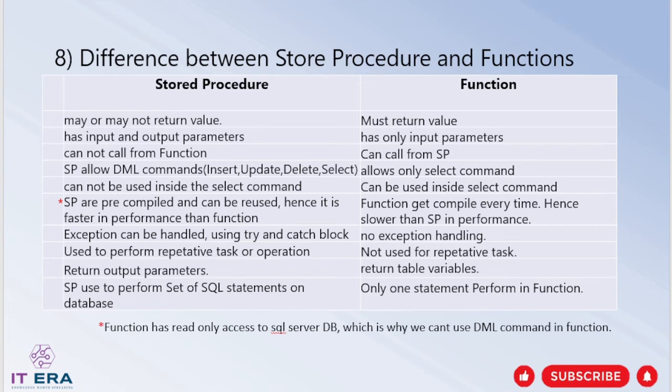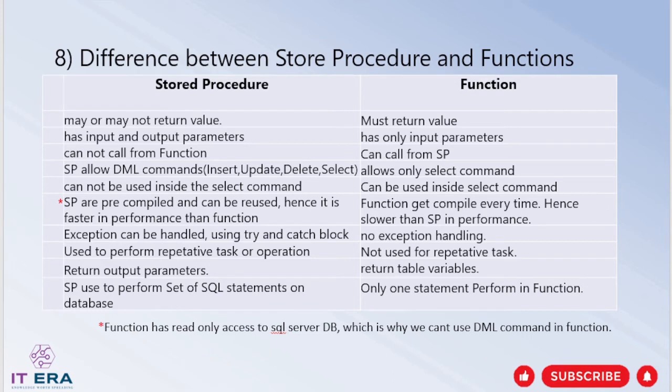One thing here: I have listed all points for your understanding, but in an interview, you have to just explain four or five of them. So let's see the differences between store procedure and functions. Store procedure may or may not return value, but function must return value. Store procedure has input and output parameters, but function has only input parameters.